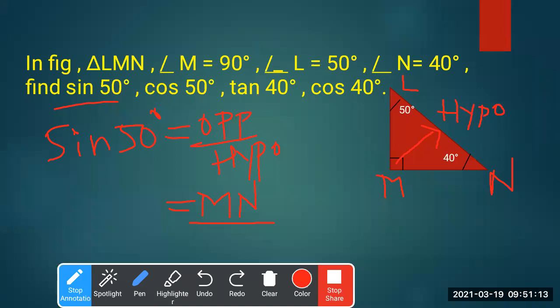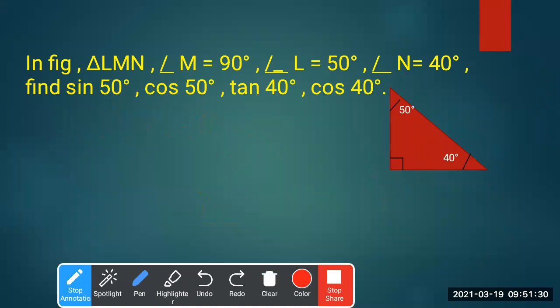And opposite and adjacent depend upon the measure of the angle. Now here 50 degrees. So opposite to 50 is MN, and hypotenuse is LN.